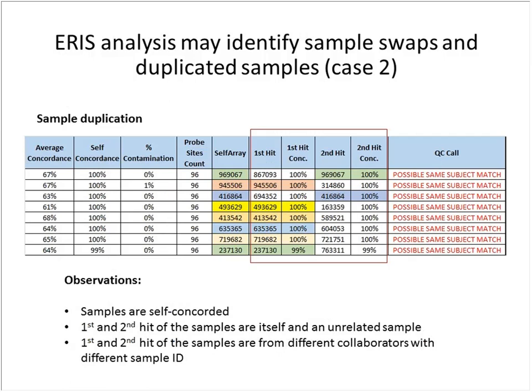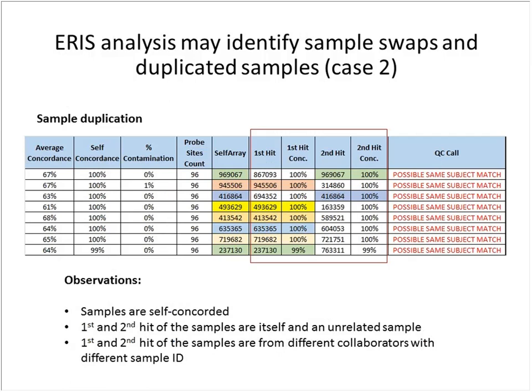And here is an example of sample duplication. There was a time in our pipeline when we had a set of samples where the first hit and the second hit were itself and another sample, with almost perfect concordance rate.